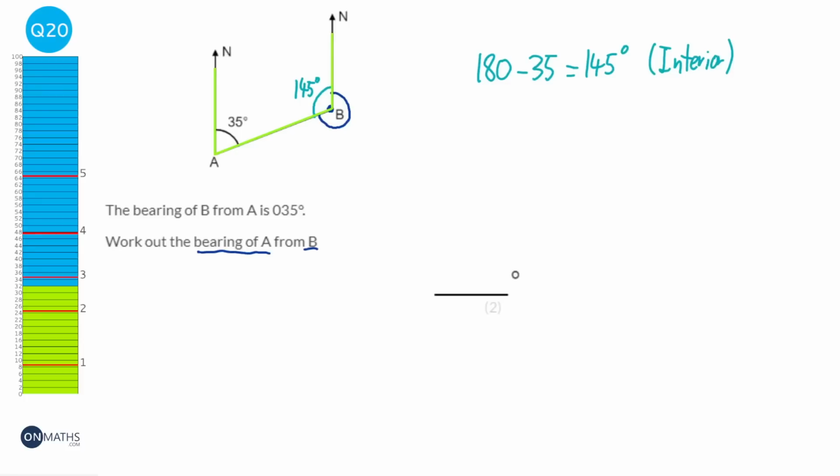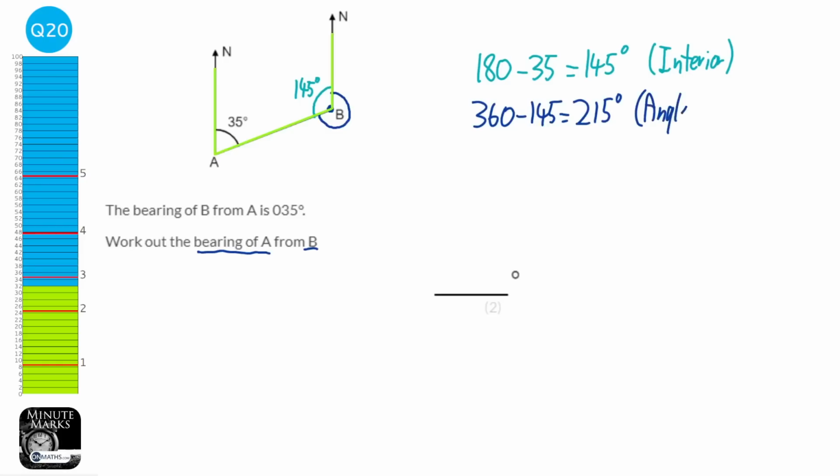And then to find the angle we're looking for, we can just do 360, take away the 145, which will give us 215 degrees. And the reason for that is that they are angles at a point, which add up to 360 degrees. So my answer will be 215.